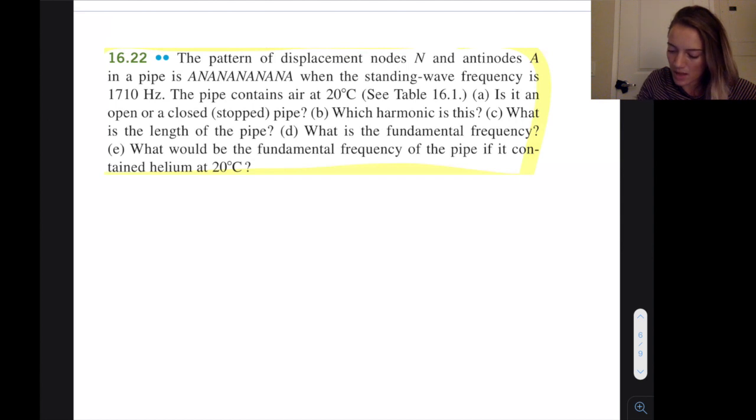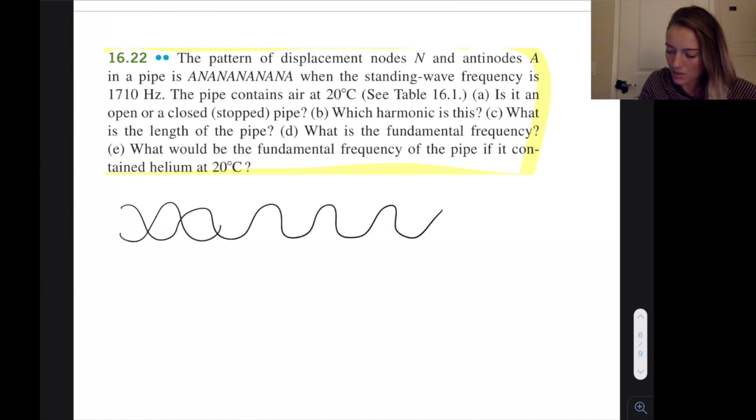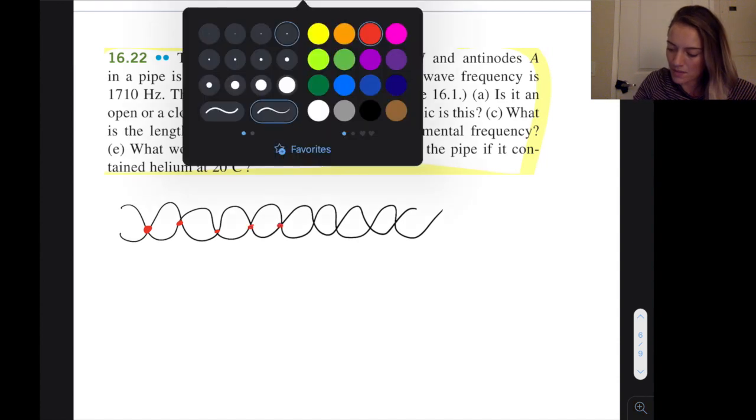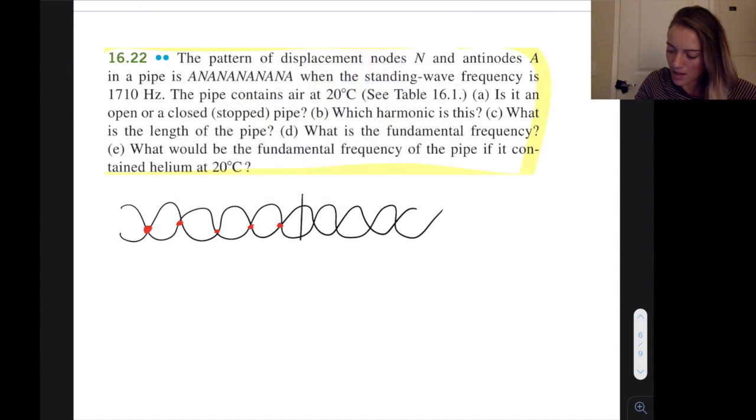So it starts with an antinode. So I'm just going to draw like a bunch here. And we'll count 5 nodes. So we have, starts with an antinode, we have 1 node, 2, 3, 4, 5. Okay, so we've got 5, and then it ends at an antinode on each end.